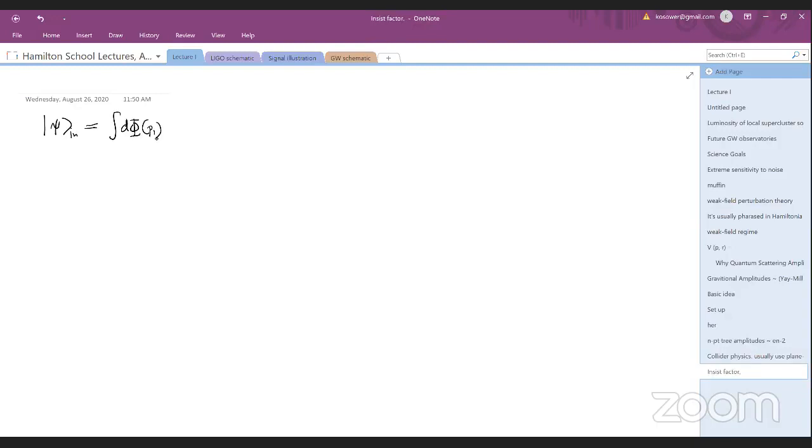So I'm going to use this notation now to stand for d hat for p. So d phi of p times the positive energy on shell delta function, more abbreviation. So we have to integrate over both the incoming particles.